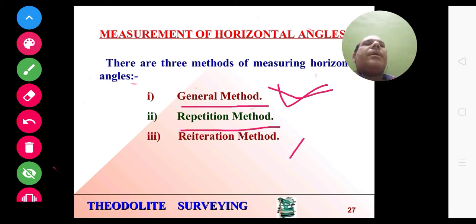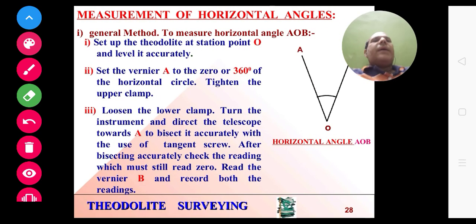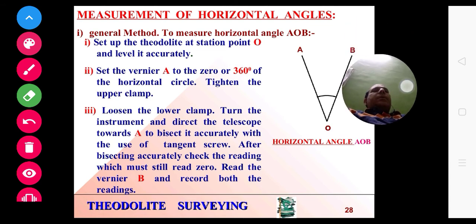The third method is not there in your syllabus as far as the MSBTE syllabus is concerned, that is the reiteration method. One by one we will see how the angle is measured with the theodolite.